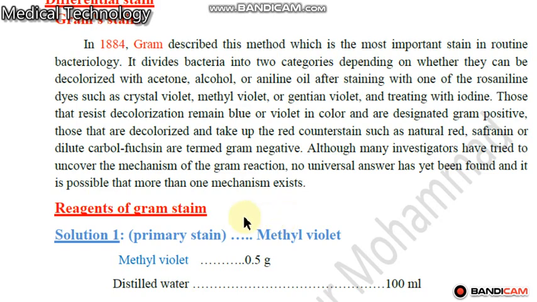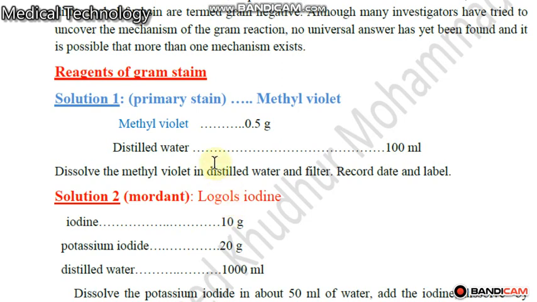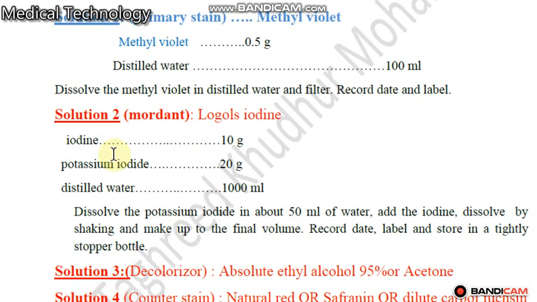The reagents used in Gram stain are: solution 1, called the primary stain, which is crystal violet or methylene blue.